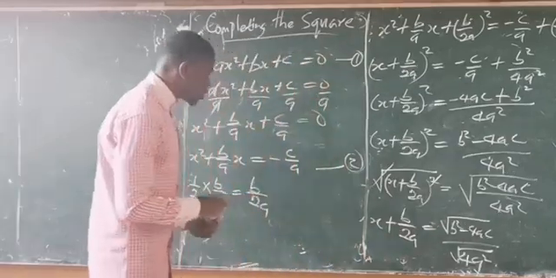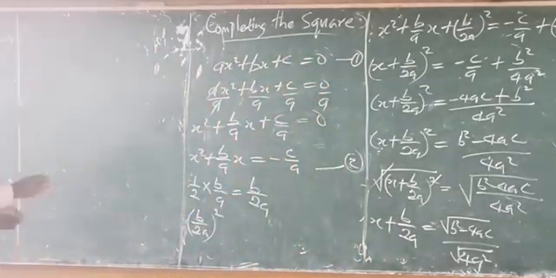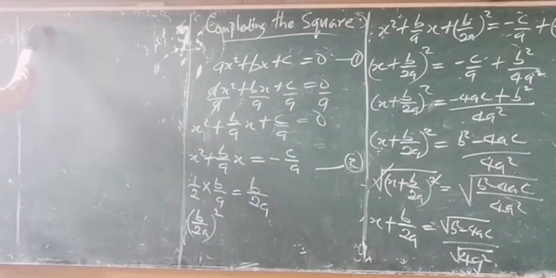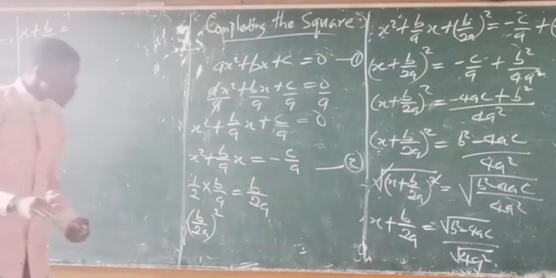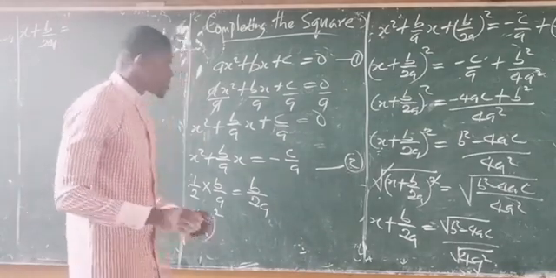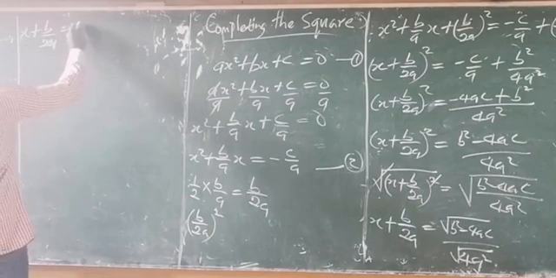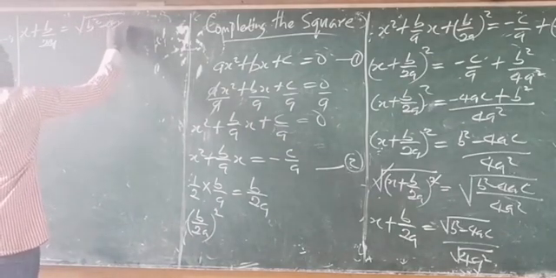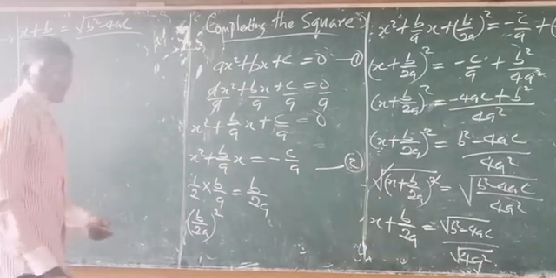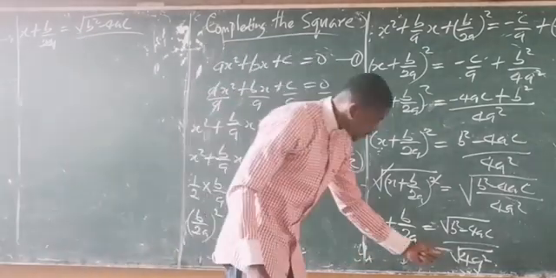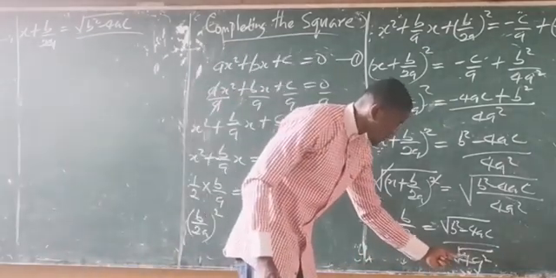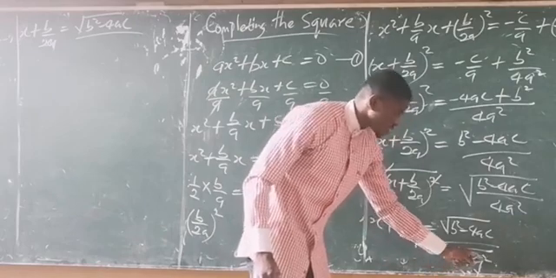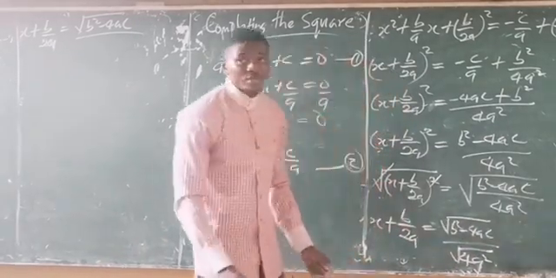Alright. So you have x plus b over 2a to be equal to square root of b squared minus 4ac all over, of course, the square root of 4 is 2, and the square root of a squared will give us a because the square will cancel the square root, so you're left with a.